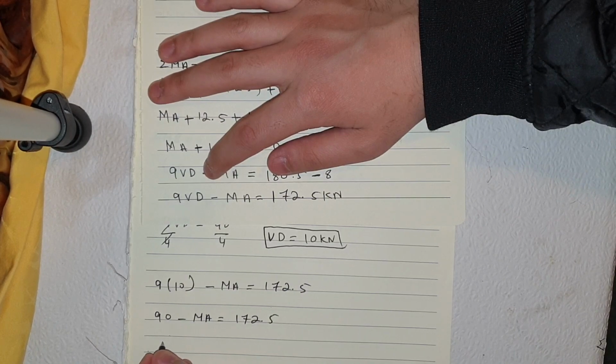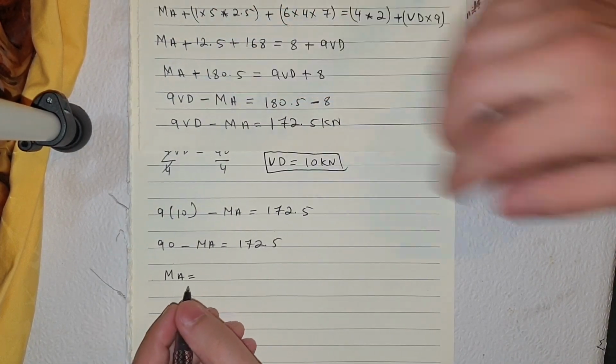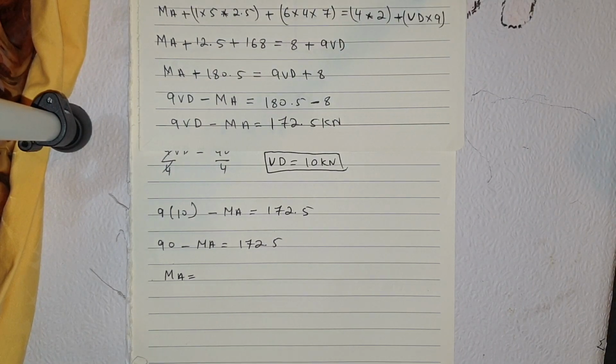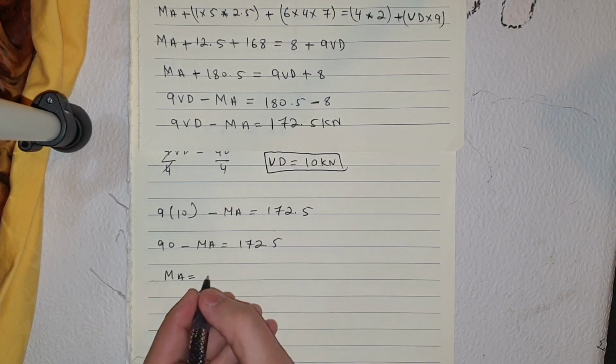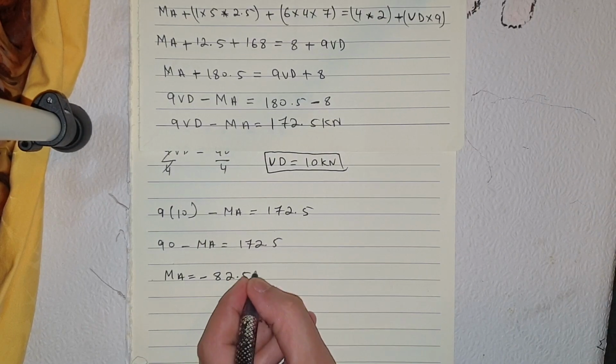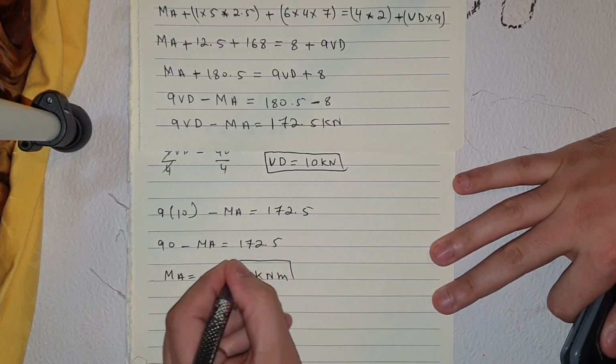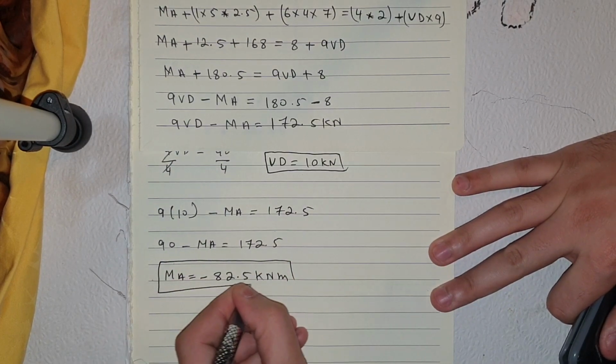So our Ma will be equal to 172.5 minus 90, equal to minus 82.5 kilonewton meter. So that's our moment at point A.